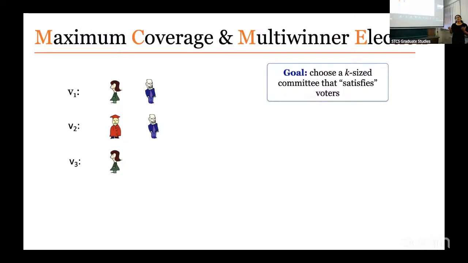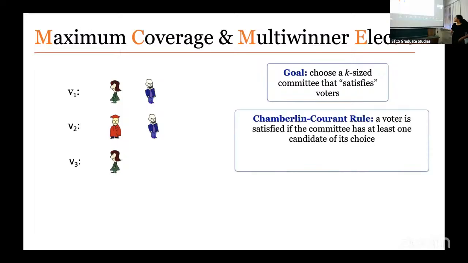There are a lot of voting rules which differ based on the satisfaction. One of the famous rules is Chamberlin-Courant, which we also call CC in short. Chamberlin and Courant are the names of the people who gave this rule. They say that a voter is satisfied if the committee has at least one candidate of its choice.